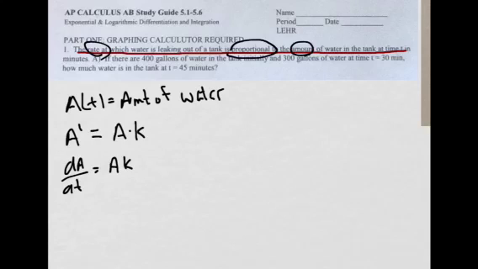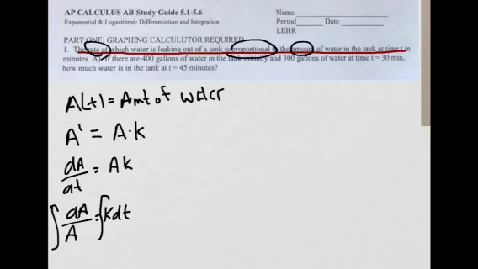Anyway, so what I can do here is divide by A on both sides and get dA over A equals, and then multiply by dt equals K dt. Now, it's in a form where I can integrate it. So I'm going to integrate the left side with respect to A and the right side with respect to t.